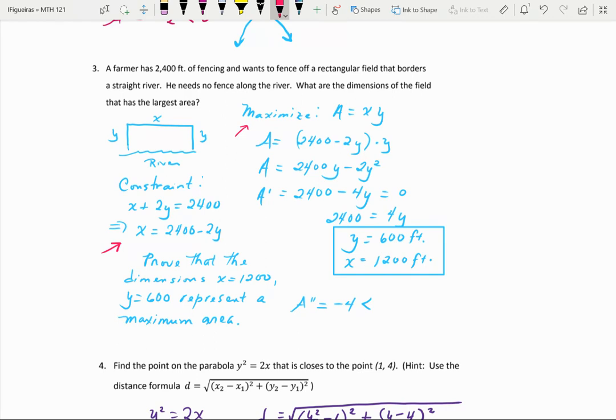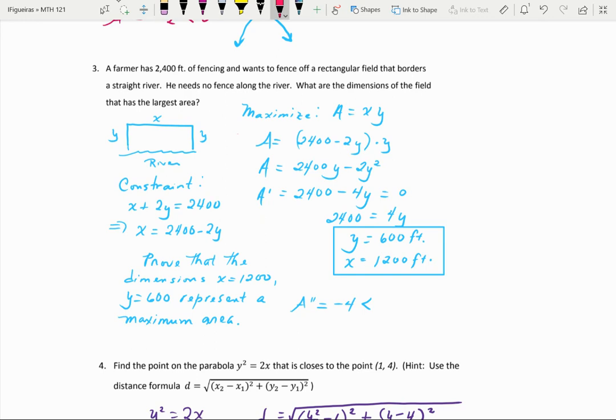So I solved for x, and I get x is equal to 2,400 minus 2y. That gets substituted in here in my area formula. All right, so again, before I take the derivative, I'm going to distribute. So I have that the area is equal to 2,400y minus 2y squared. So now we're ready to take the derivative. You just have to use the power rule. So A prime is 2,400 minus 4y.